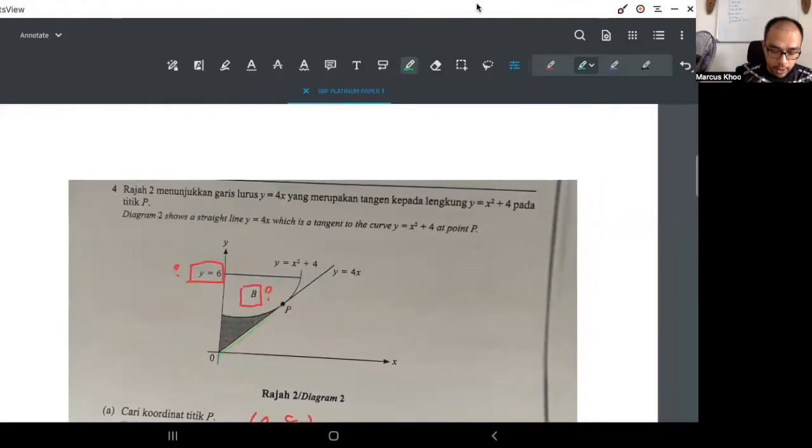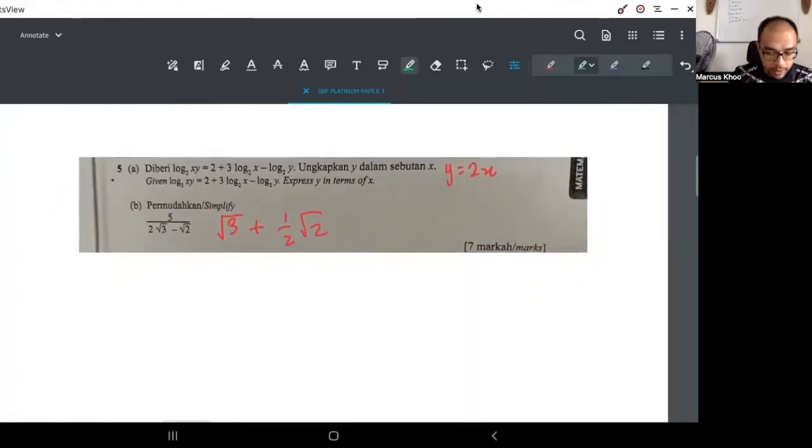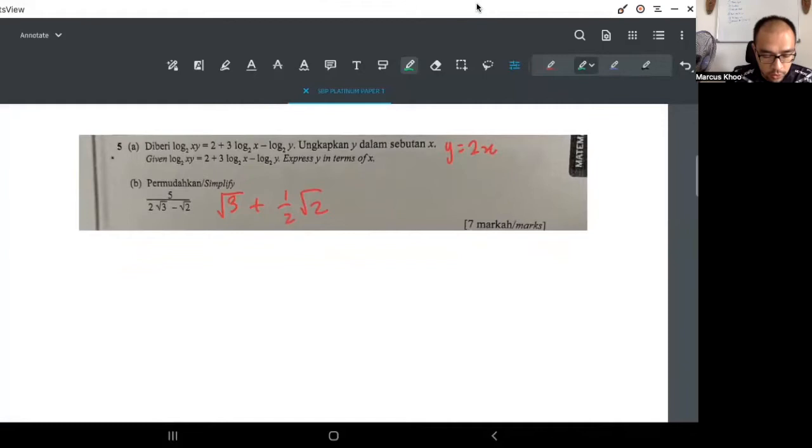All right, question number 5. Given that log 2xy equals 2 plus this one. When we do these kinds of questions, again, reminding you that since everything is base 2, the first thing you need to do is make sure that every single thing has log base 2 inside. So this 2 is the only one that doesn't have a log base 2, so you need to put 2 as log base 2 of 2 squared, since base and number are the same.